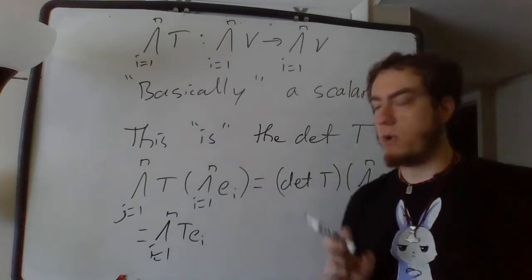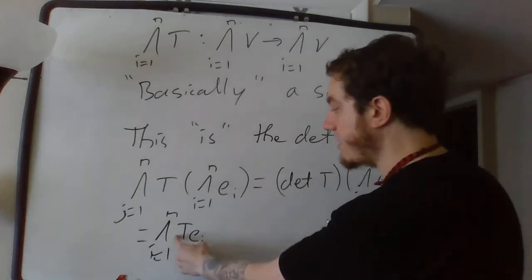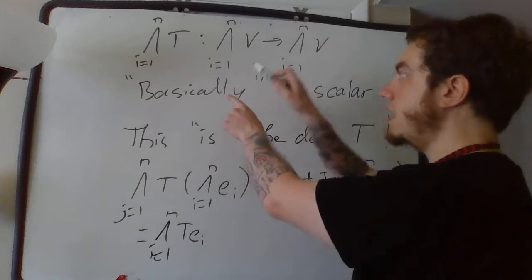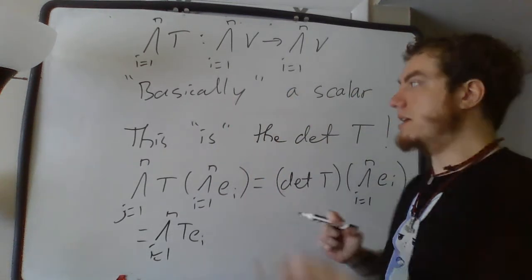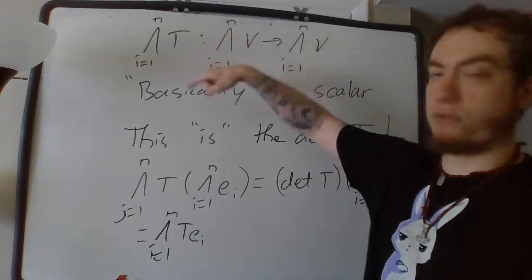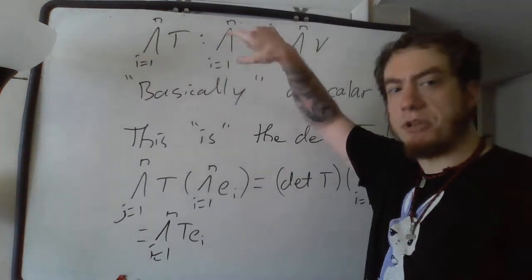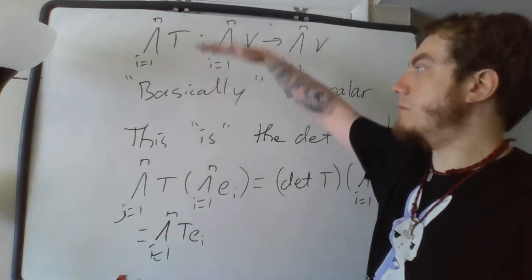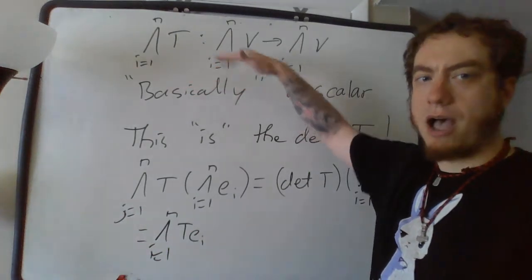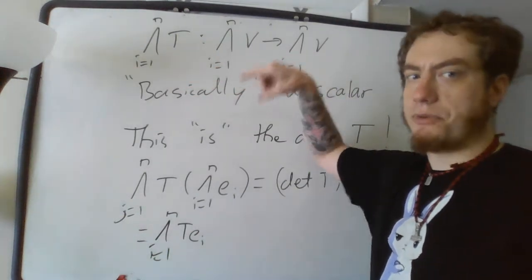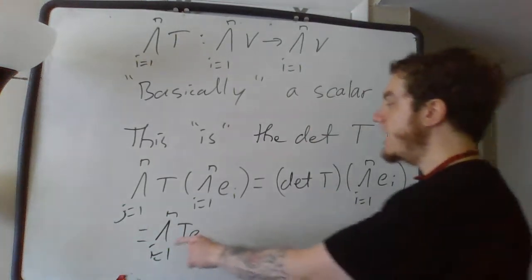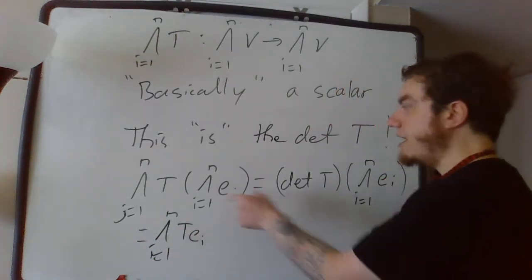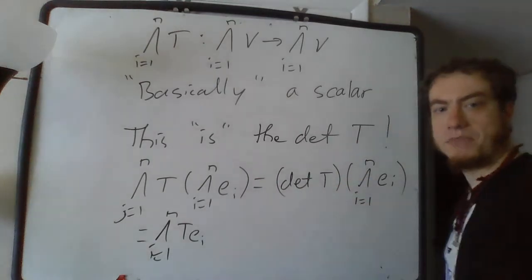But when you write out these T e_i in a matrix, that's literally just the definition of the determinant. You take something from each column, it has to come from a different row, and whether the rows are chosen to be an even or an odd permutation determines whether it gives you a plus or a minus. So that formula for calculating the determinant is exactly what you get when you do this definition.